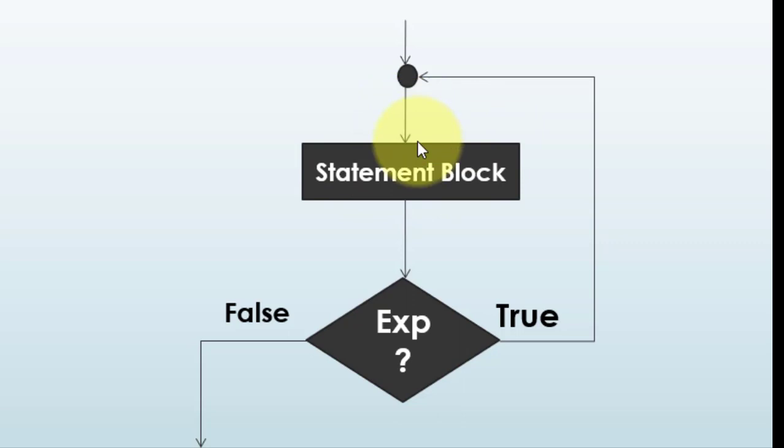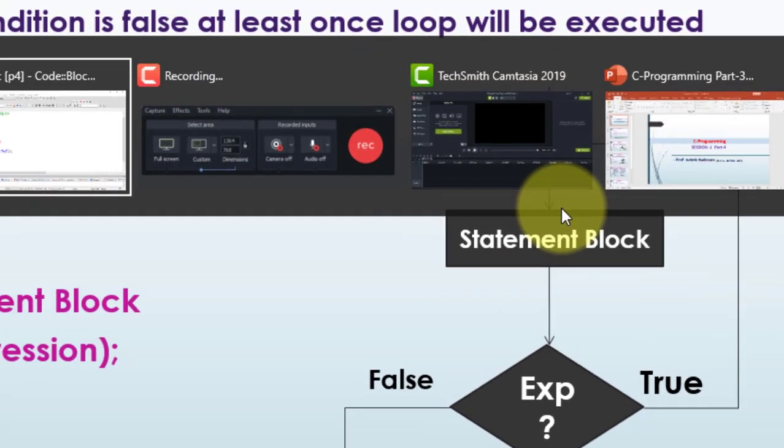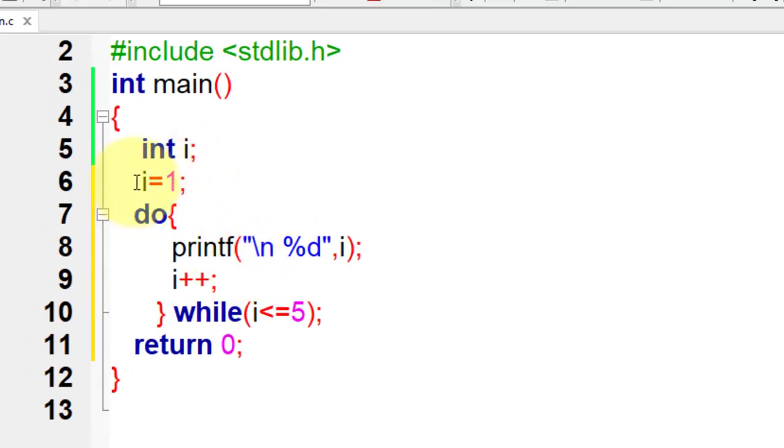Now see the example of this do-while loop. Here initially the value of i is initialized to 1, then it will display the message with the value of i, then it increases the value of i by 1, and it goes to check the condition.